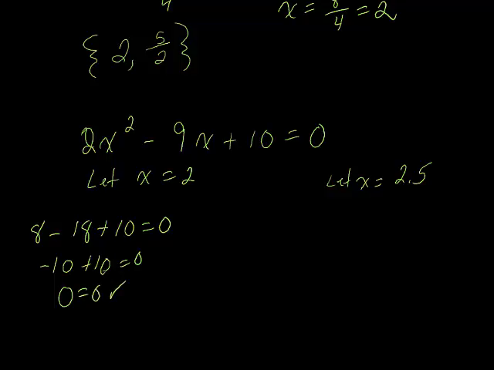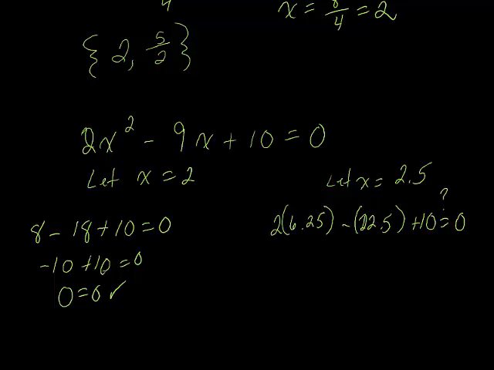That checks. The 2.5 can be a little bit more complicated. So 2.5 squared gives you 6.25 minus 9 times 2.5, which is, I'm sorry, 22.5, plus 10 equals 0.